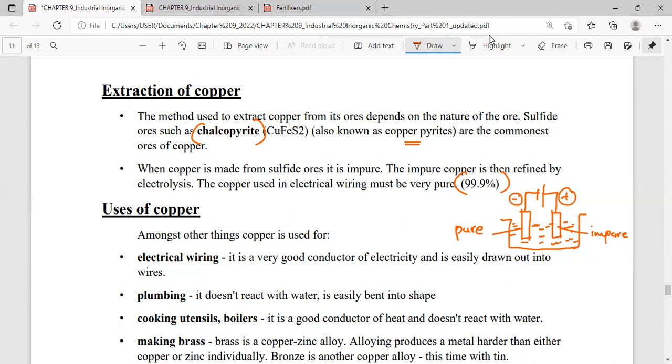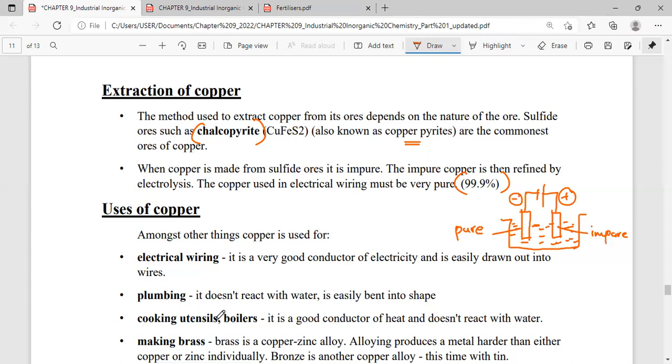Okay, so at the anode, the copper will dissolve and then the copper ions will get deposited on the cathode side. As time passes, there will be more and more pure copper and the impure copper will become smaller.